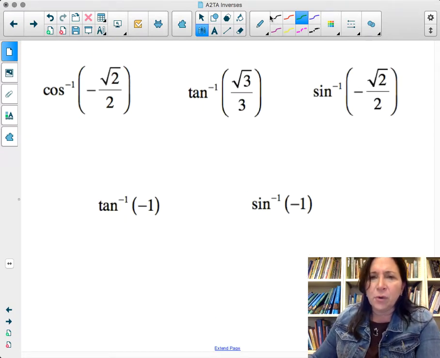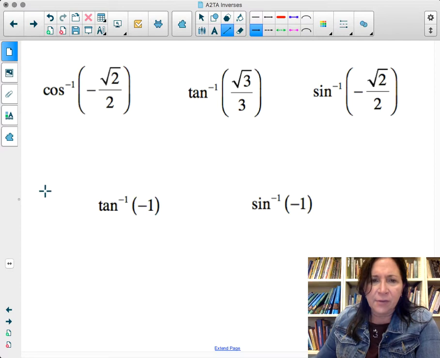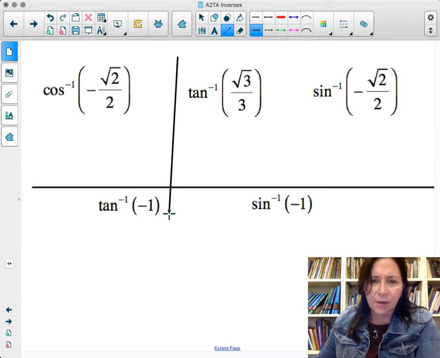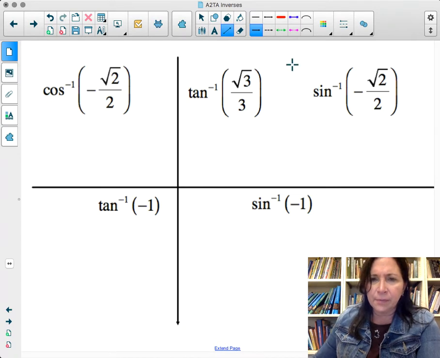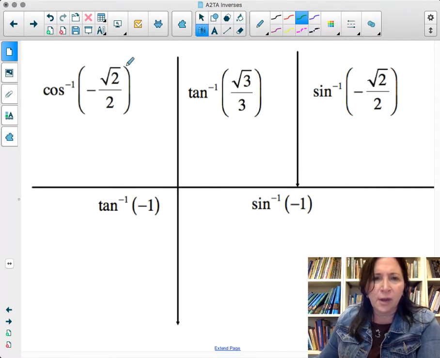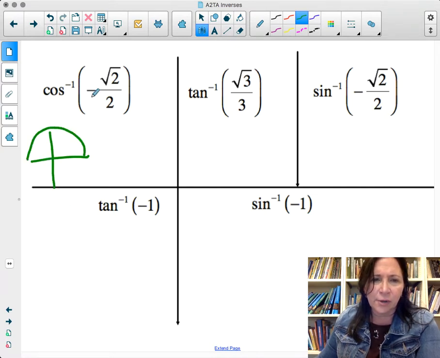Okay, so we have 3 more values here. So let's draw another line going across. 3 on top, 2 on bottom. Let's see how we do this. All right, so for the first one, it's saying, where is cosine negative root 2 over 2? So again, cosine, first and second quadrant.